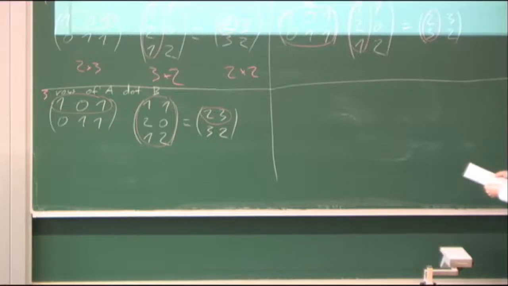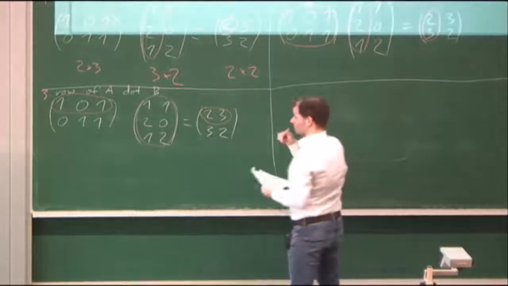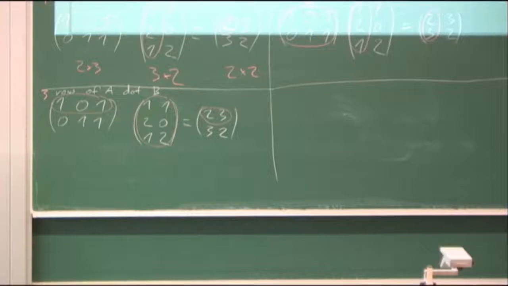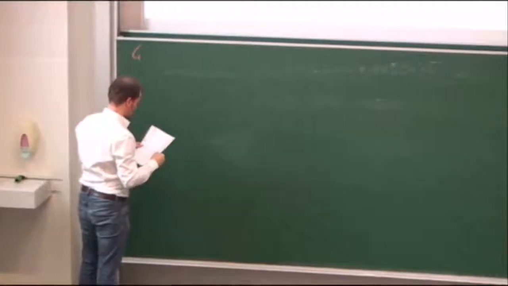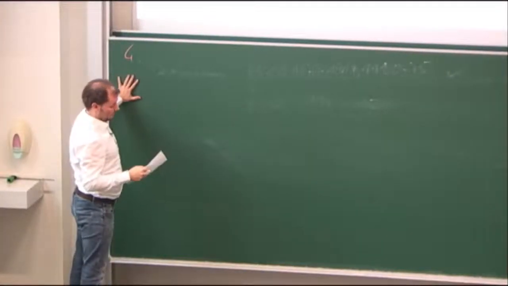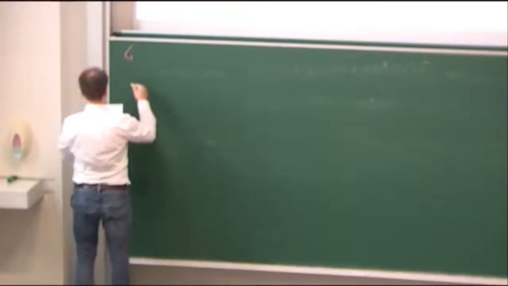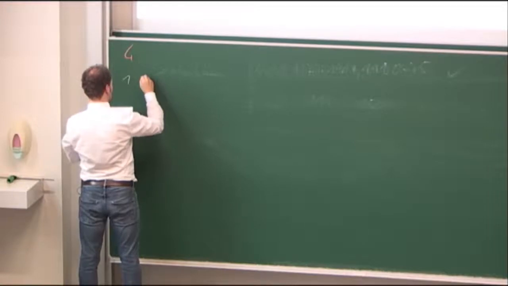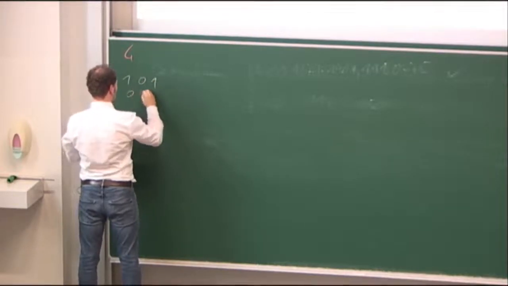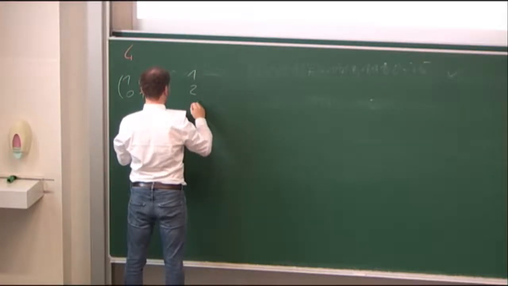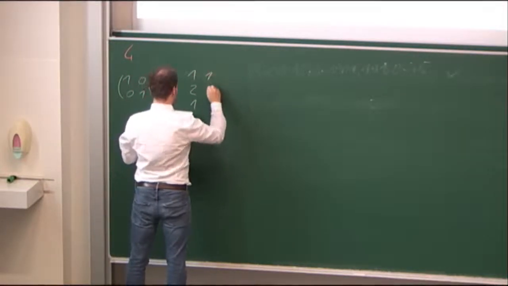Then there's a fourth way. I'll do it over here. So the fourth perspective is the columns of the first matrix times the rows of the second matrix. So we have these two matrices, 1, 0, 1, 0, 1, 1, and 1, 2, 1, and 1, 0, 2.